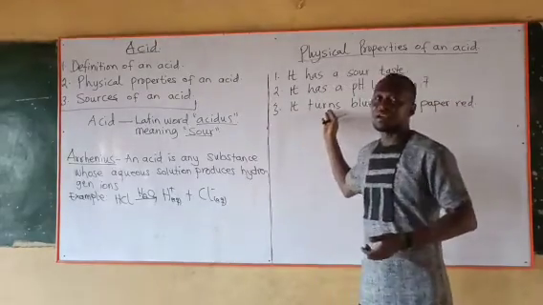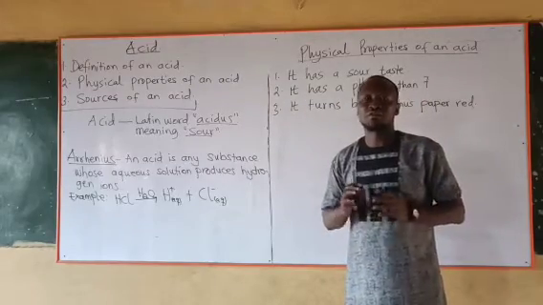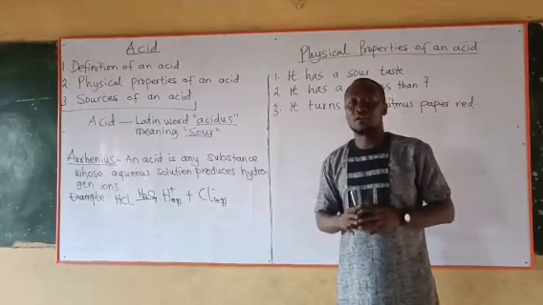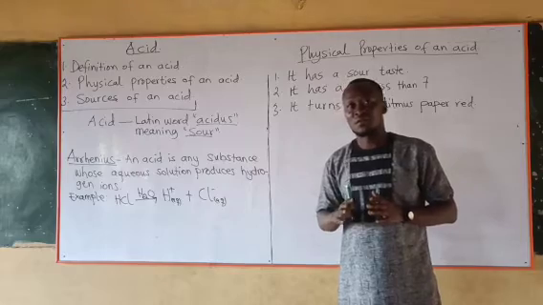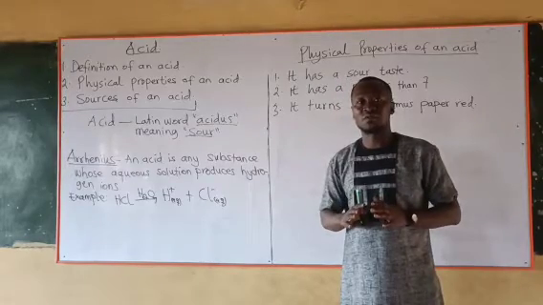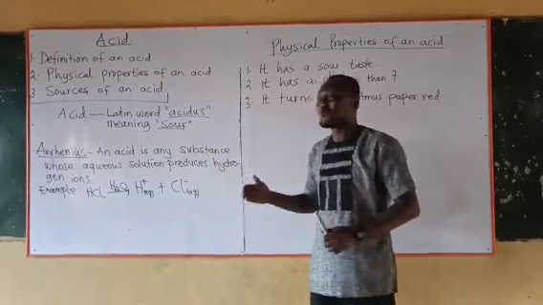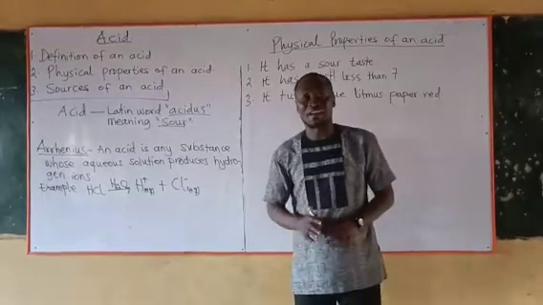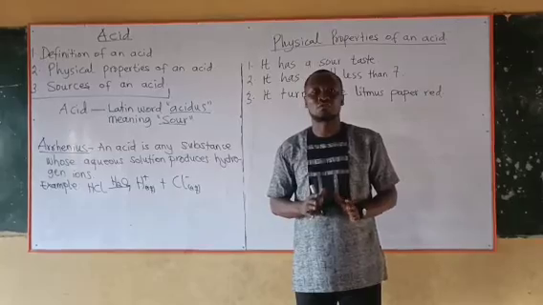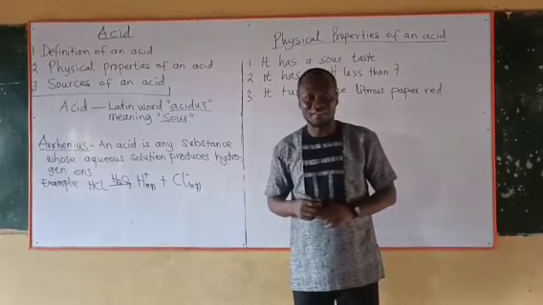So these are the examples of the physical properties of an acid. We also have chemical properties, but we will not talk of the chemical properties today. Good. Now, we are done with the properties of an acid. Let us now talk about the sources of an acid.